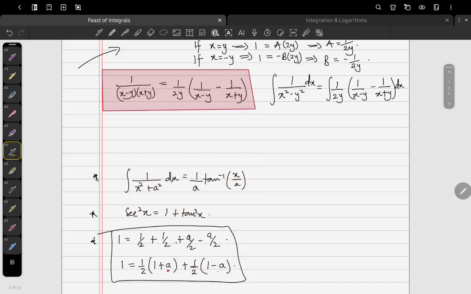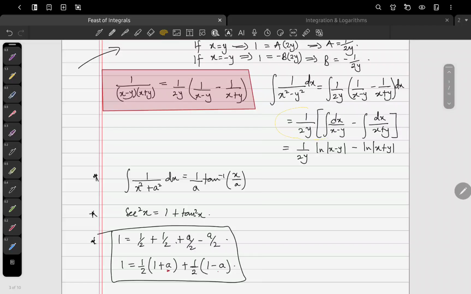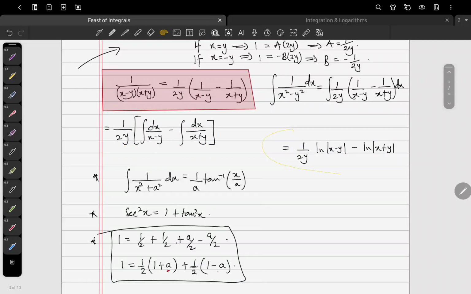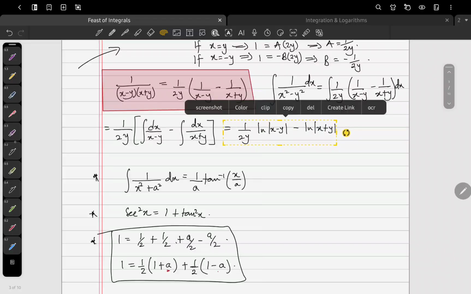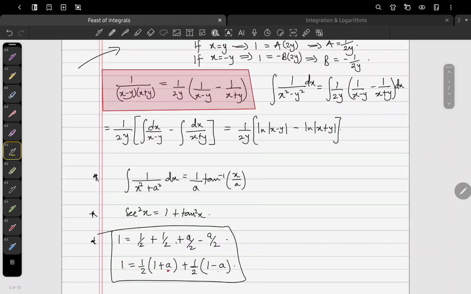So this is equal to 1 over 2y times the integral of dx over x minus y minus the integral of dx over x plus y. And that is 1 over 2y times natural log of x minus y minus natural log of x plus y. Using the laws of logarithm, that is 1 over 2y natural log of x minus y over x plus y.